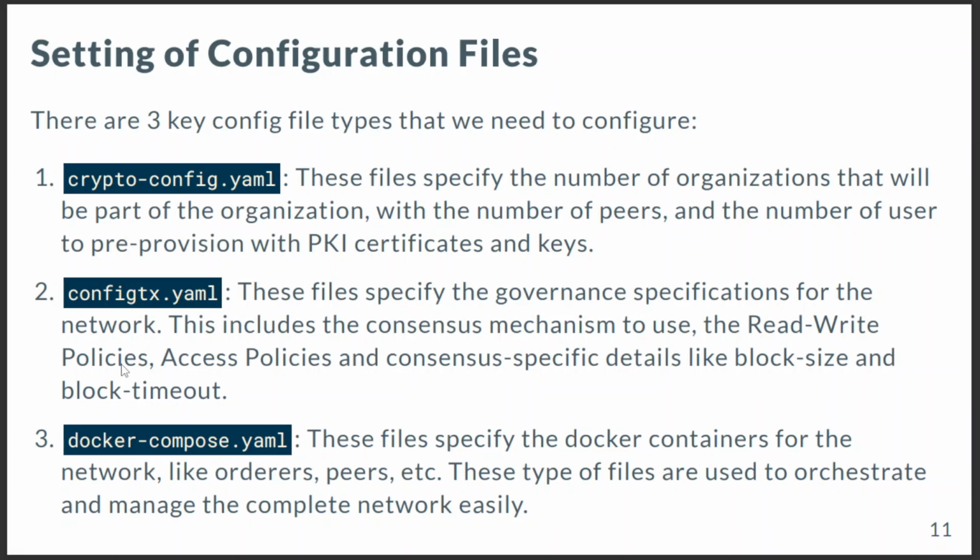It contains the logic and policies, the details for our consensus mechanism, the application capabilities, the channel capabilities, and the read-write policies of the users. So what kind of users can read, what kind of users can write, what kind of users can actually participate in the administrative processes and all.